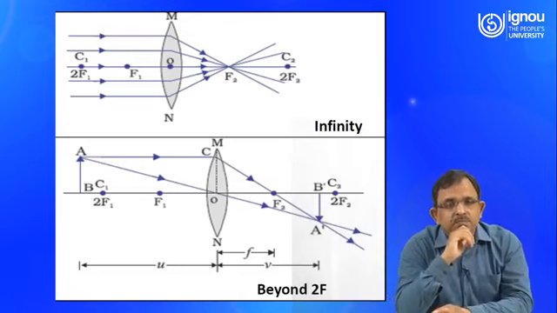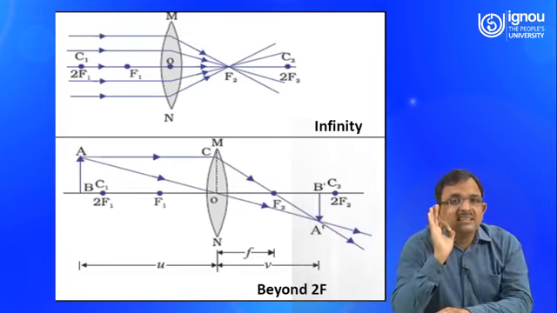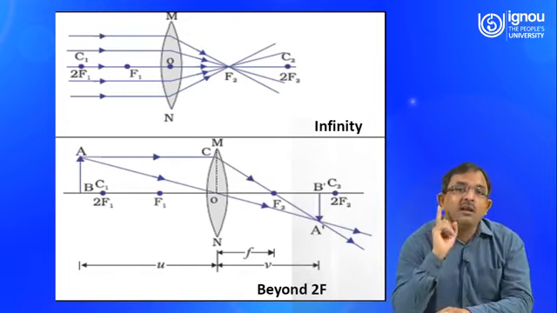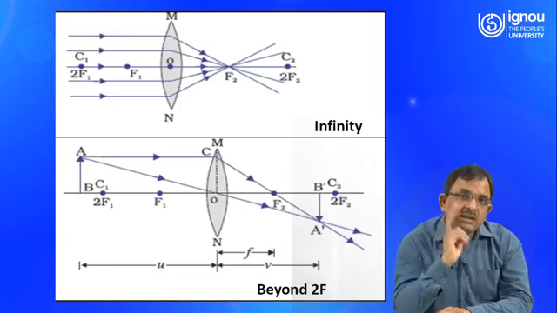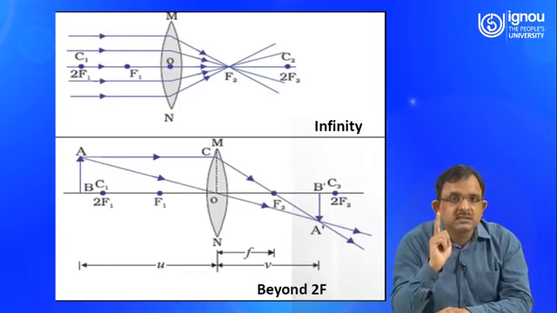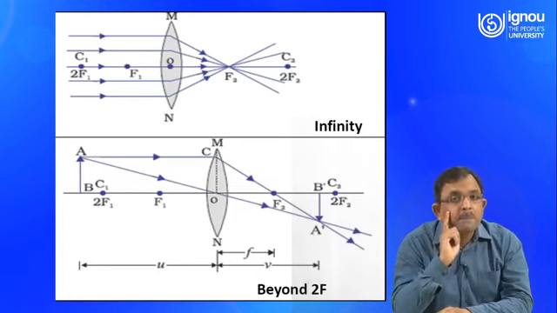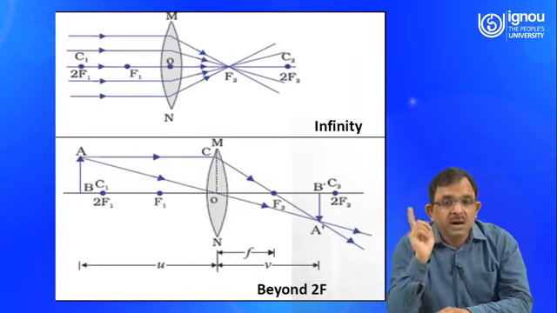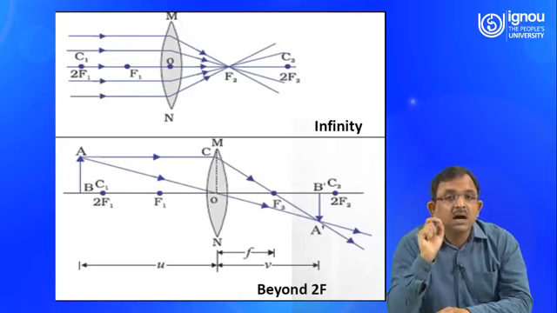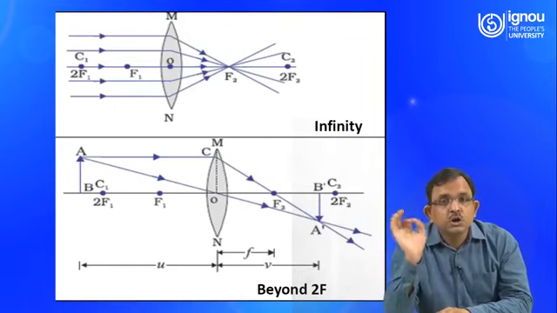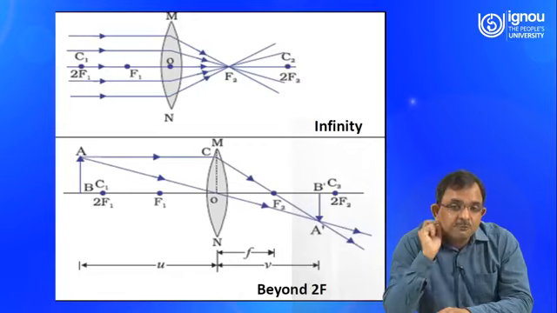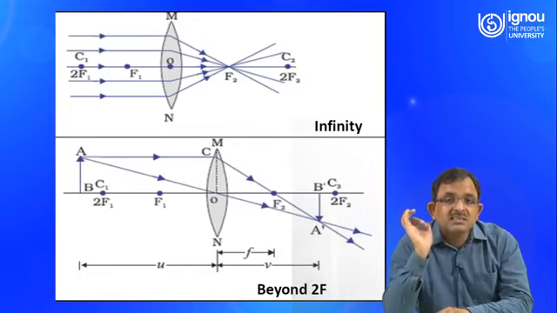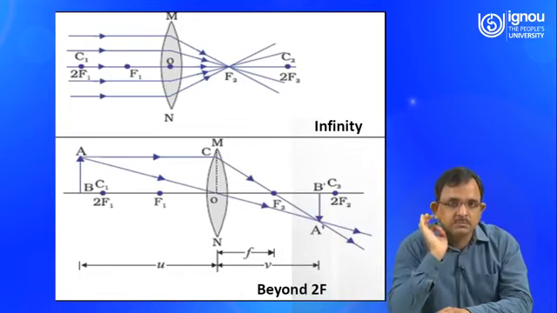For example, if an object is at infinity, it means all rays of light coming from it are parallel to the principal axis. From there they will pass through the focus on the other side. So, the image will be formed at the focus in the form of a point.